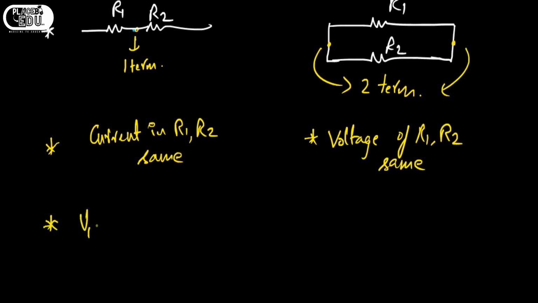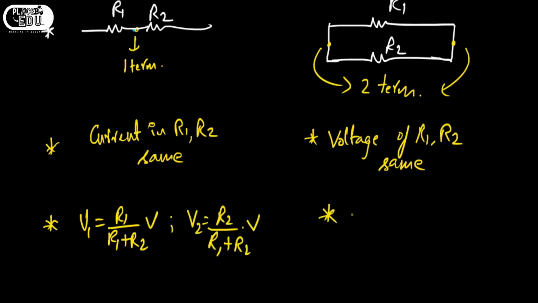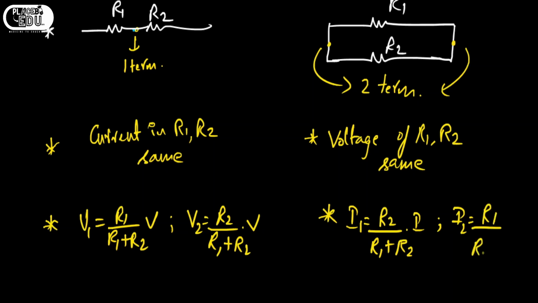And here V1 is equal to R1 by R1 plus R2 into V, and V2 is equal to R2 by R1 plus R2 into V. Here I1 is equal to R2 by R1 plus R2 into I, and I2 is equal to R1 by R1 plus R2 into I.